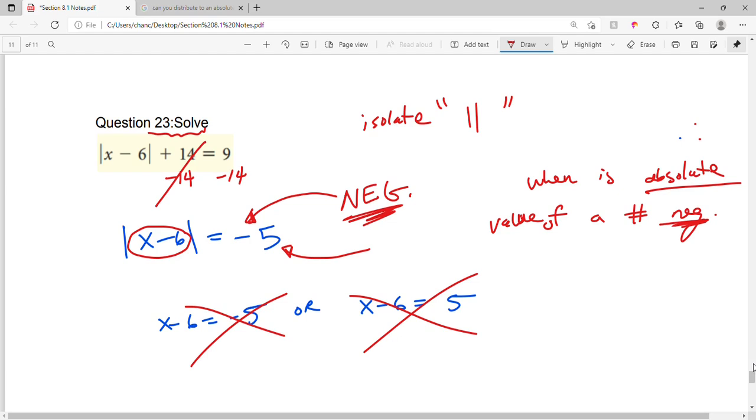So, when is the distance from 0 negative? Well, that's not possible. So when you have the absolute value equal to a negative, that means there's no solution. This is not possible. The absolute value is the distance from 0. We can't have a negative distance from 0. So this gives us no solution.